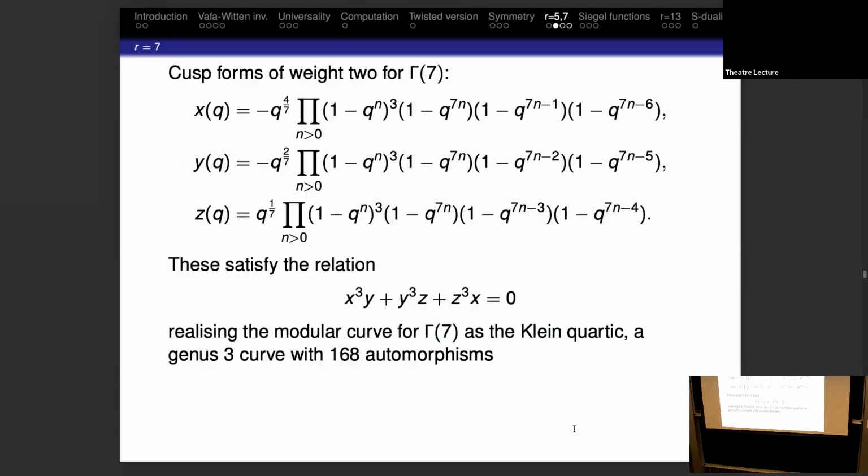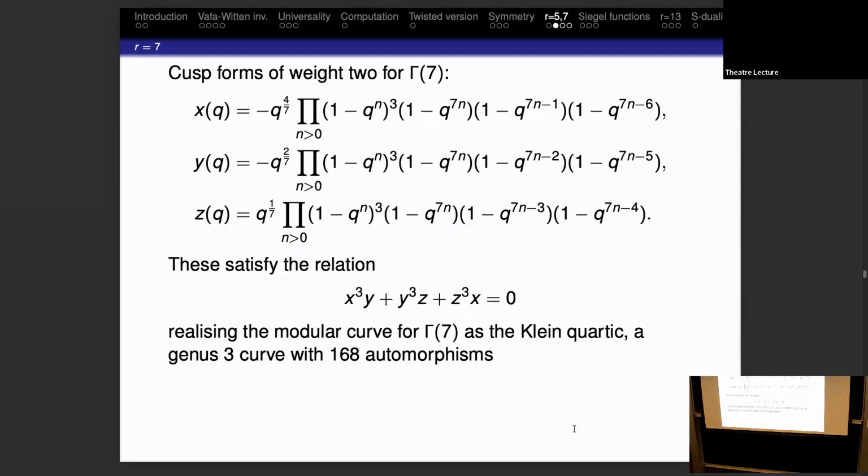And so in the case of rank 7, it's in some sense also quite interesting. So we look at these 3 functions, x, y, and z, which are again given by some nice infinite product, always looking similar as before, some q to the 7n, 7n minus 1, 7n minus 6. So these are now modular cusp forms of weight 2.